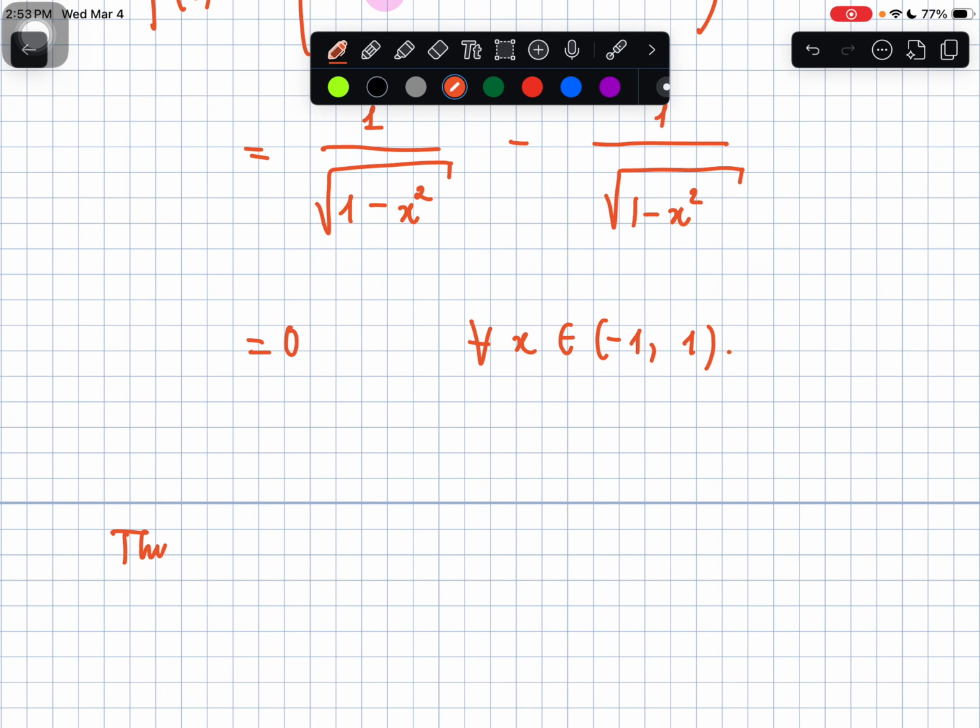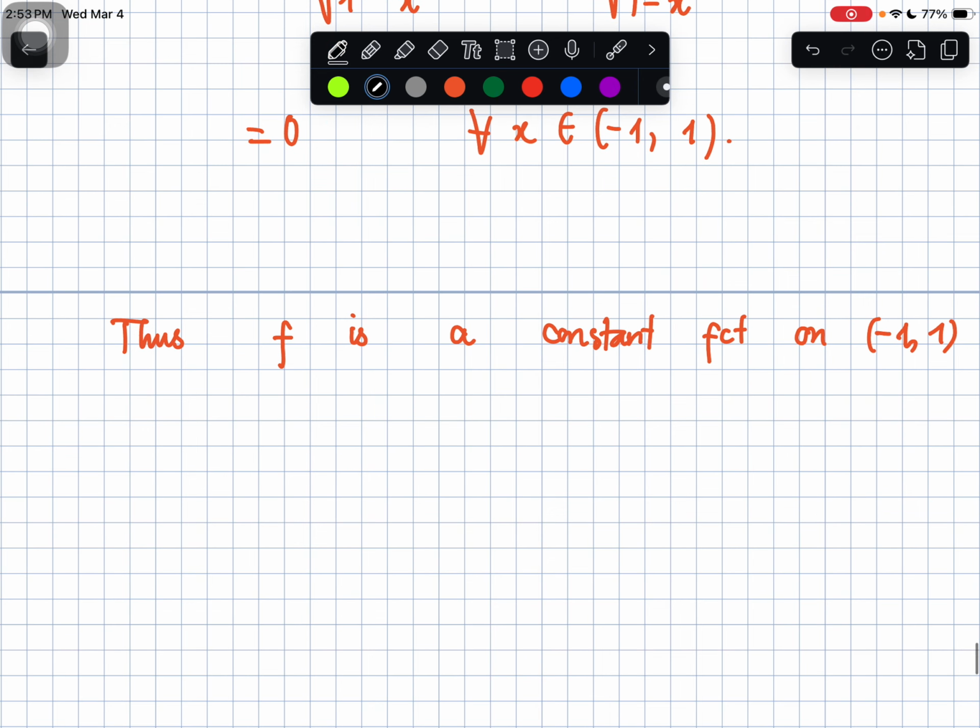Thus, f is a constant function on (-1, 1). So f of x equals the same number for all x between minus 1 and 1.